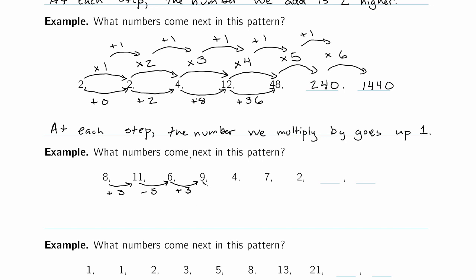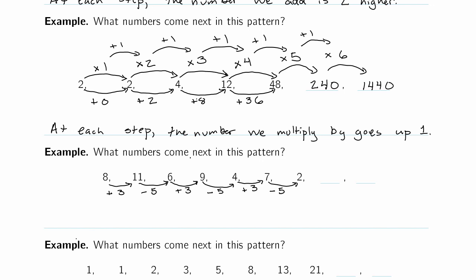I add 3. To go from 9 to 4, I'm decreasing. 4 minus 9 really is negative 5. I subtract 5. And then 4 to 7, 7 minus 4 is plus 3. And then, yeah, 7 minus 5 really is 2.